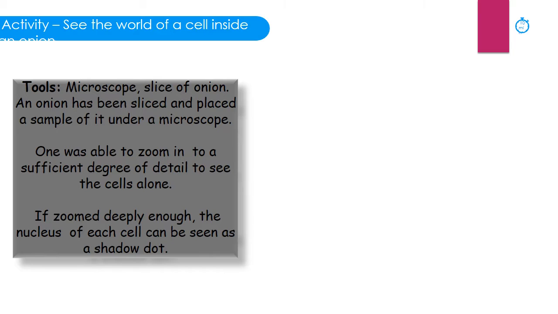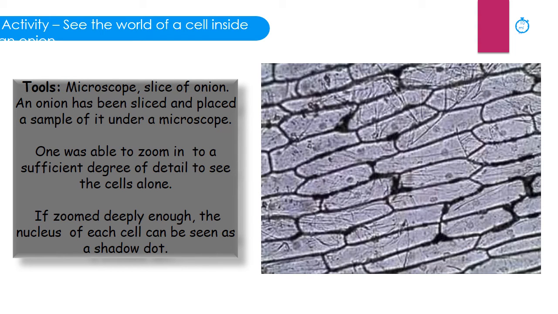With that we move to the activity titled See the World of a Cell Inside an Onion. Some of the steps of this activity are given on the left hand side and the microscopic picture of the sliced onion is given on the right hand side.